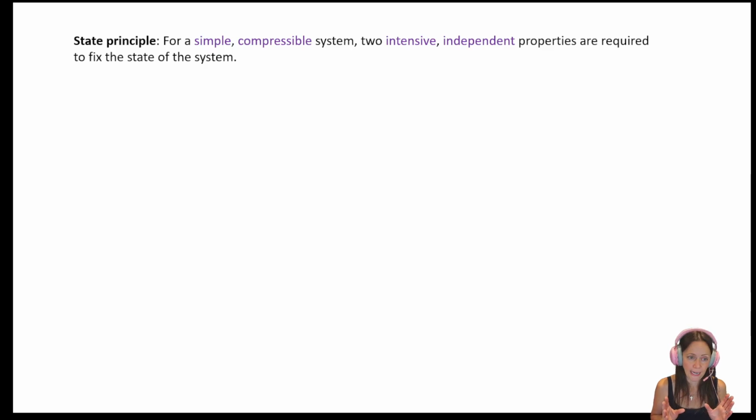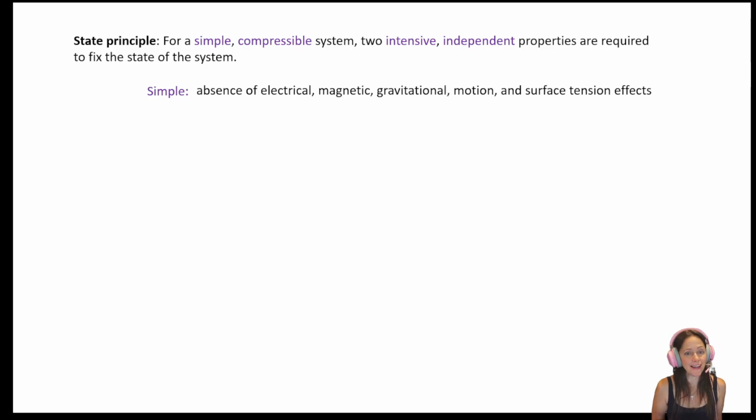So for a simple compressible system, two intensive independent properties are required to fix the state of our system. Let's break it down. Simple just means that we don't have anything crazy going on. No electrical, magnetic, gravitational, motion, or surface tension effects.